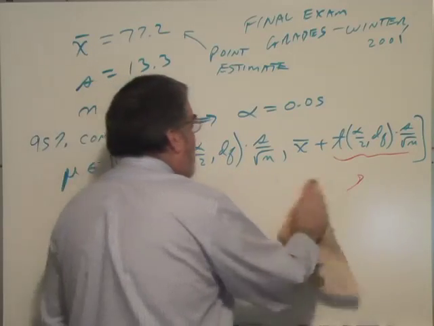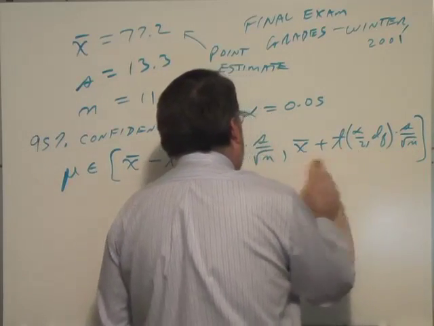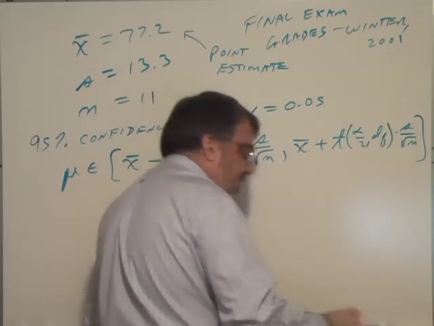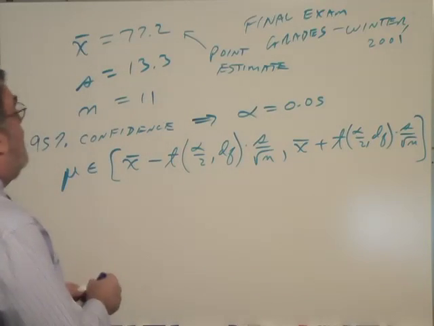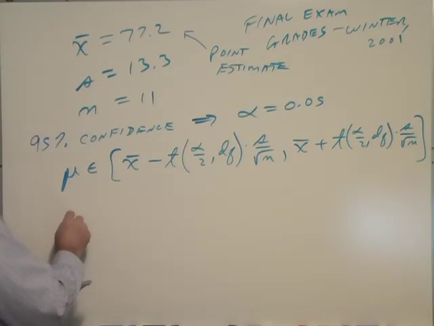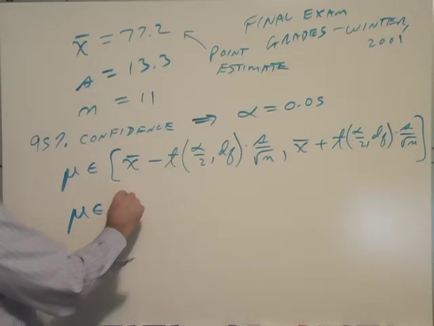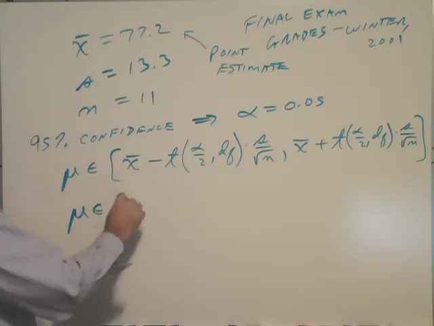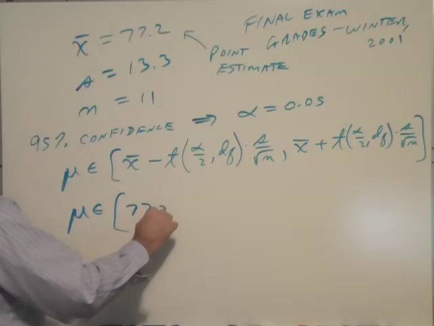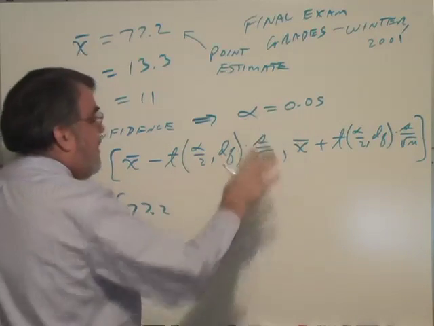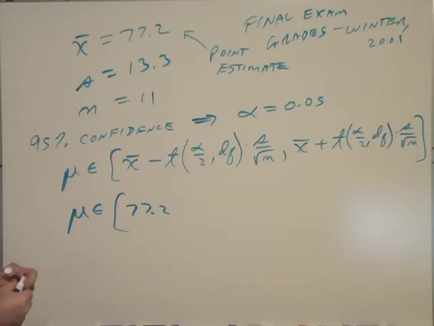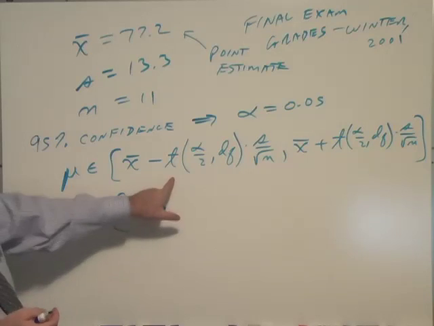Well, let's plug some numbers in and make some sense of this. So now, let me see, x bar was 77.2. We looked up this number. I erased it off the board. That's why I was hemming and hawing there. We looked up this number.